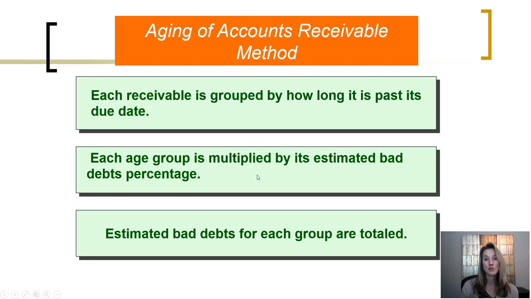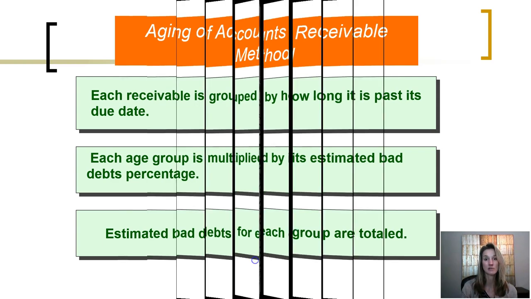Then each of those aging groups, or what we call aging buckets, is multiplied by the percentage of that aging bucket deemed to be uncollectible. Then the estimate for each of the aging groups is totaled to get the total needed balance in the allowance for doubtful accounts.